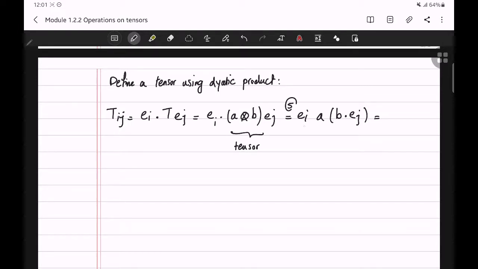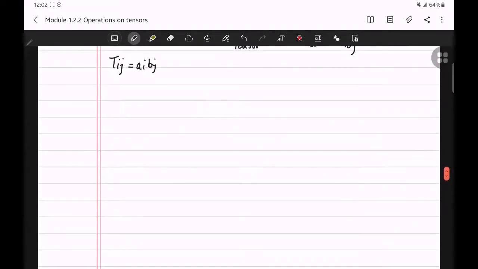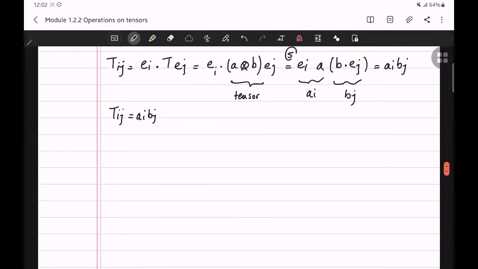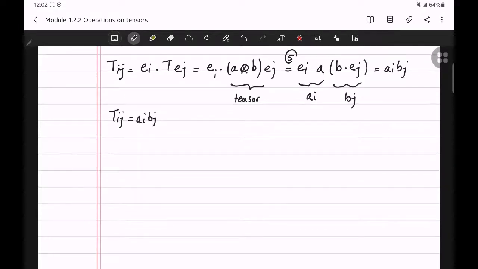This is nothing but ai, and b · ej is nothing but bj. So it is ai bj. So Tij is equal to ai bj. So you can basically write T as the product of two vectors.